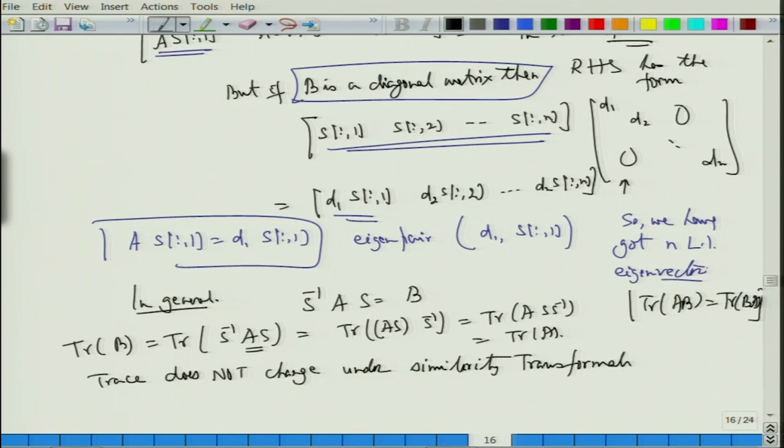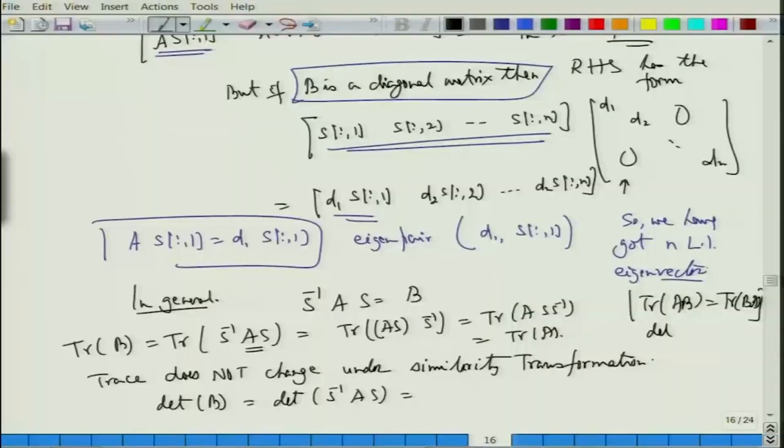What about the determinant? Because we had computed the determinant also. So, what is determinant of B? Determinant of B is same as determinant of S inverse AS. I know that determinant of AB is same as determinant of A into determinant of B. So, let us do that.